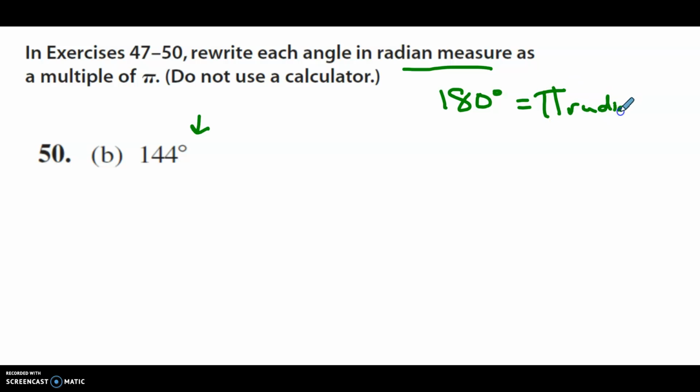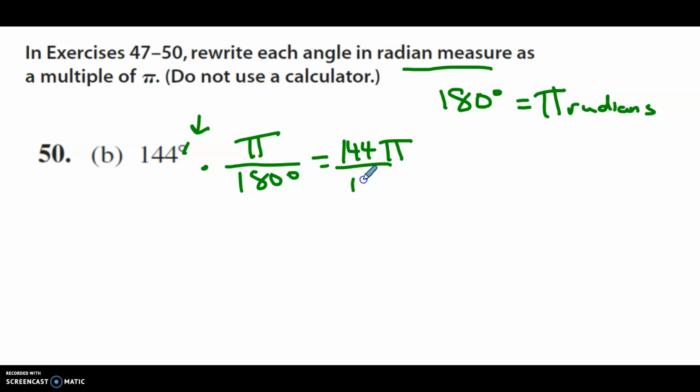I'm looking for radians, and I'm looking to get rid of degrees. So remember, if I want to get rid of degrees, I want degrees on the bottom, and radians on top. So the conversion is pi on top and 180 on the bottom. And when I do this, I get 144 pi over 180.